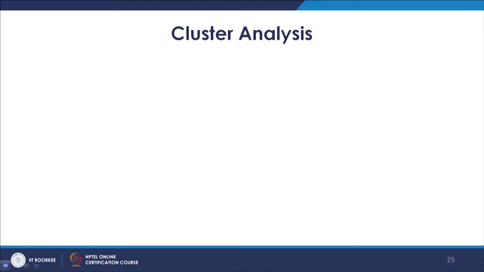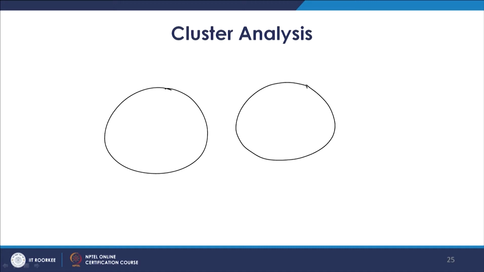The same thing we can understand here. For example, if this is one cluster and we have another cluster here, and we have certain observations in each of these clusters, let us call this cluster A and this cluster B. If we look at the minimum distance metric, we will find the pair of observations which are closest to each other, each one belonging to one of these clusters, and this distance is going to be taken as the distance between the two clusters.